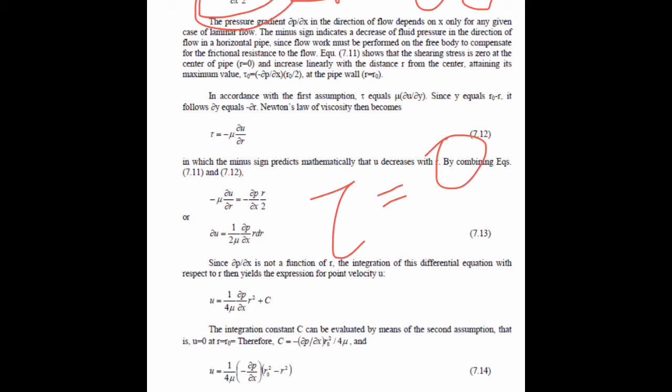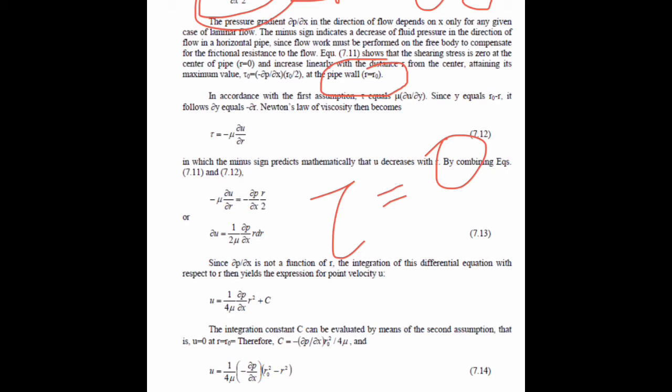The point velocity varies parabolically along a diameter, and the velocity distribution is a paraboloid of revolution for laminar flow in a straight circular pipe.